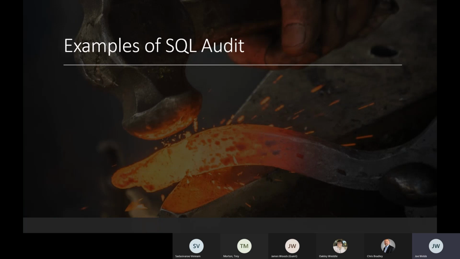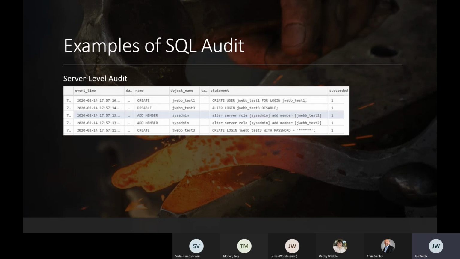So here's some examples of what we can query through SQL Audit. At a server level, this is a report that I've created using SQL Audit, and this is a query that I've written.